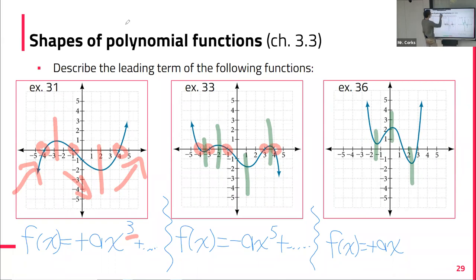So exponent of at least 4. And one more term. Again, the exponent could be bigger, but it must be at least that much. And it must be even, and it must be a positive coefficient.